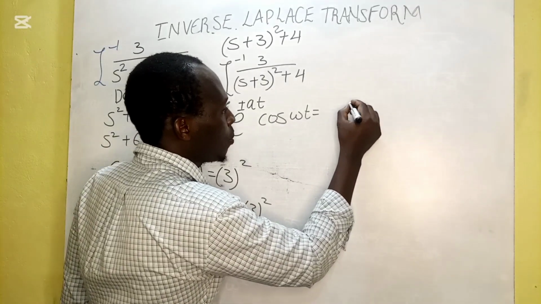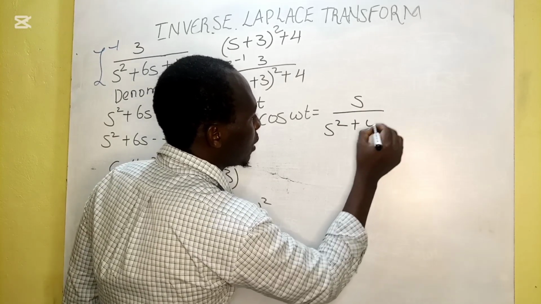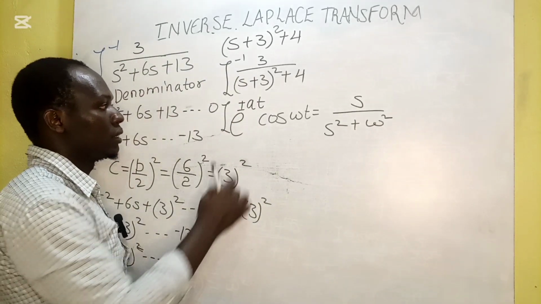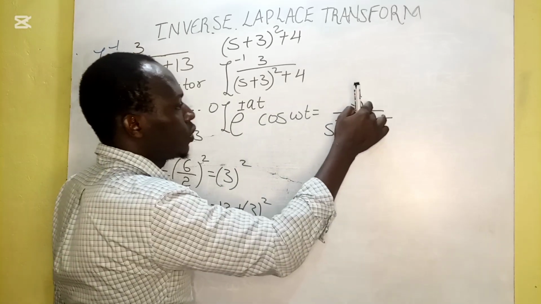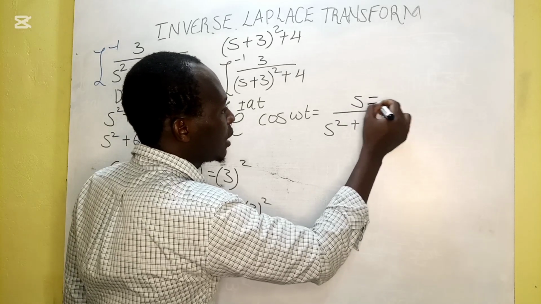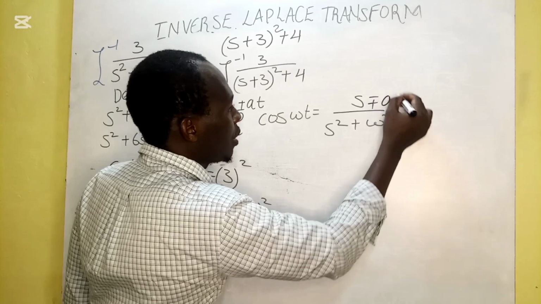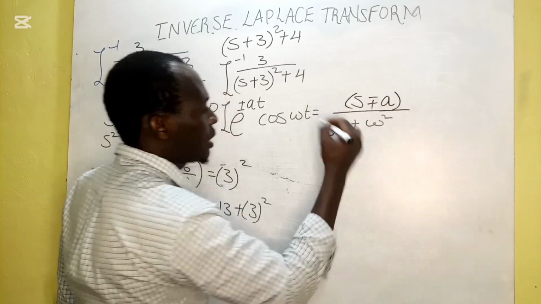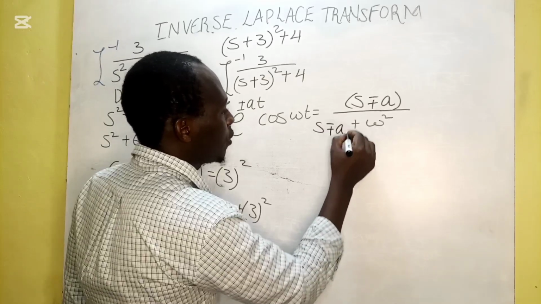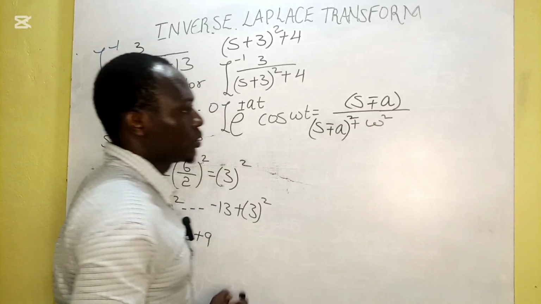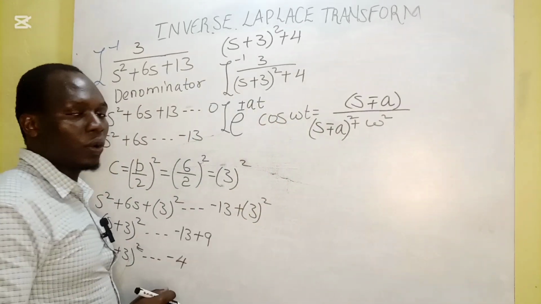The Laplace transform of cos is s all over s squared plus a squared. But since the term s will be shifted, we must have a negative or positive a to the term s being shifted, and also negative or positive a, but this one was squared. When we check this form, it does not match whatever we are having here.